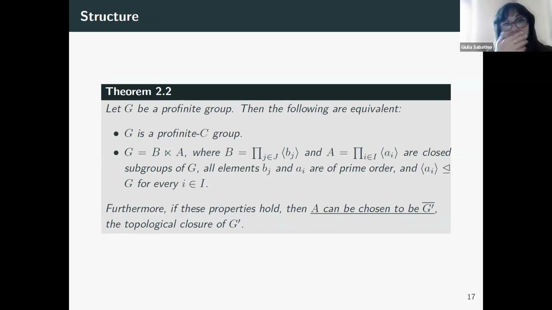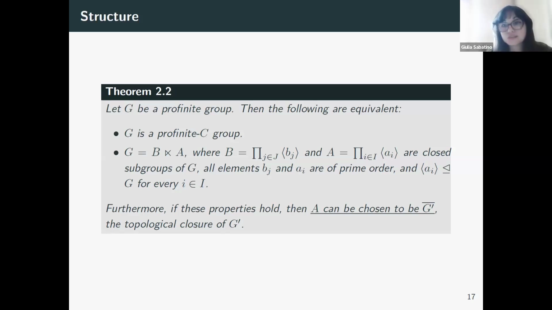we were able to prove that a profinite group is profinite C if and only if it can be decomposed as a semidirect product of two closed abelian subgroups, each of which is a Cartesian product of subgroups of prime order. Moreover, if A is the normal subgroup of this semidirect product, all the factors in this decomposition of A are G-invariant.